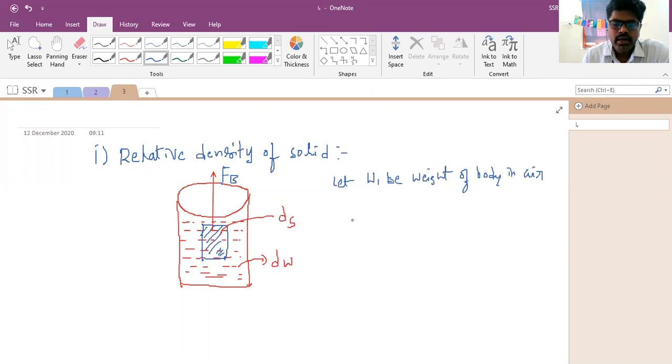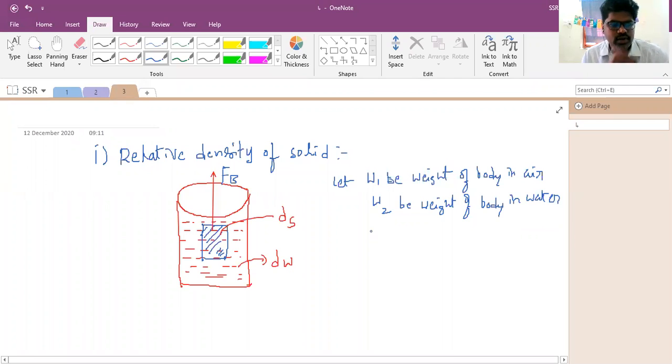Next, W2 be the weight of the body in water. That means apparent weight is actually this one, weight of the body in water. So this weight W2 will definitely be less than that of W1.